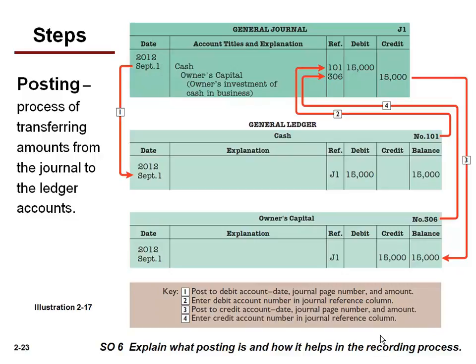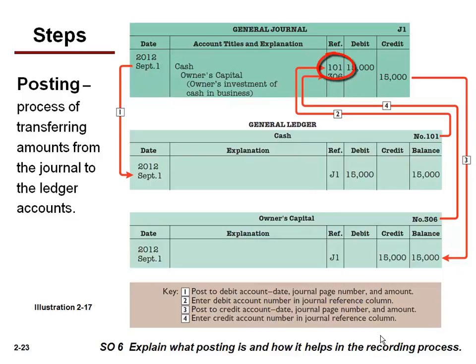The journal at the top, cash has a debit of $15,000. We transfer that to the general ledger as a debit entry, left-hand side of the account, and we indicate in the ledger that it's from J1 of the journal. In the journal, we indicate in the reference column 101 that the information is going to ledger account 101.